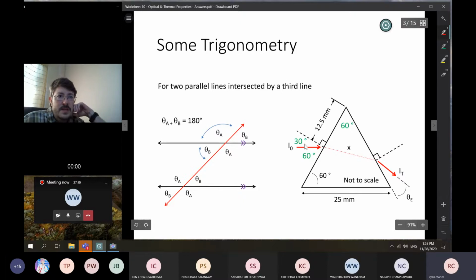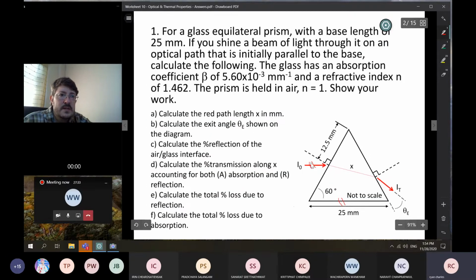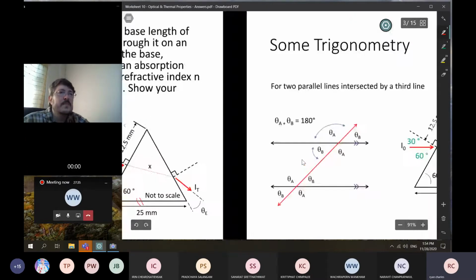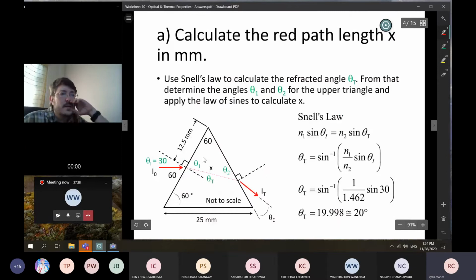This line is parallel with that line, so this has to be 60 because that was 60. And this is 90, and it has to add up to 180, so this has to be 30. So it's just a trigonometry problem. This angle in here is 30 degrees, the incident angle.